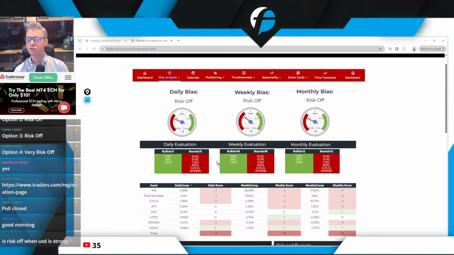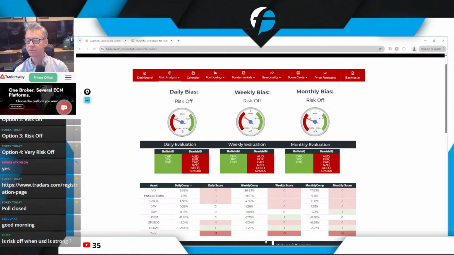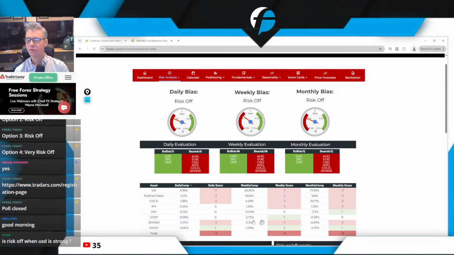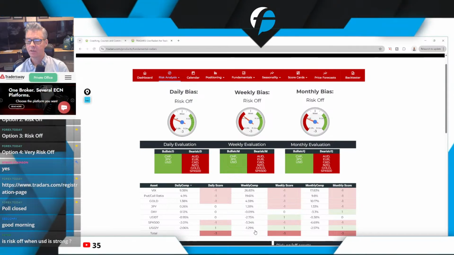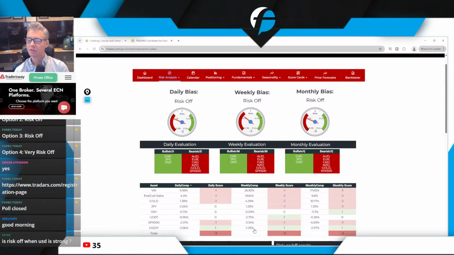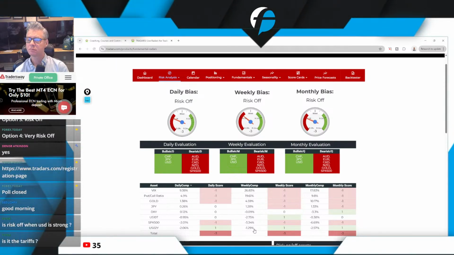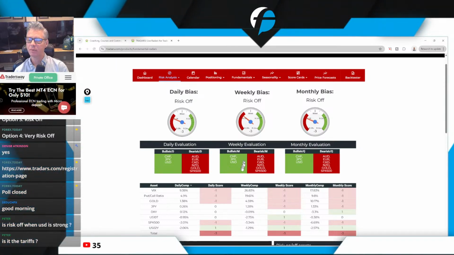Are investors not willing to buy treasuries? Well, they are buying treasuries. Yields are down on the 10-year, and yields are down on the 2-year, but not dramatically. So where are they putting their money?